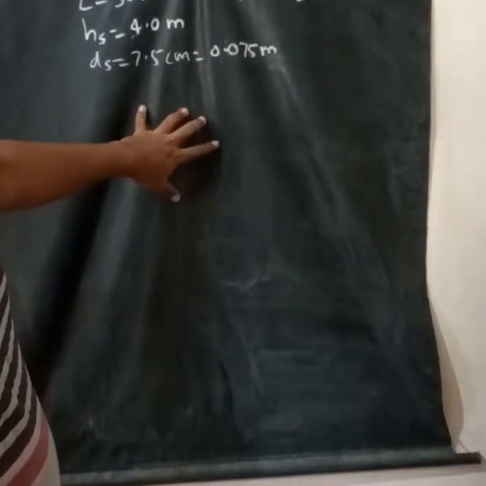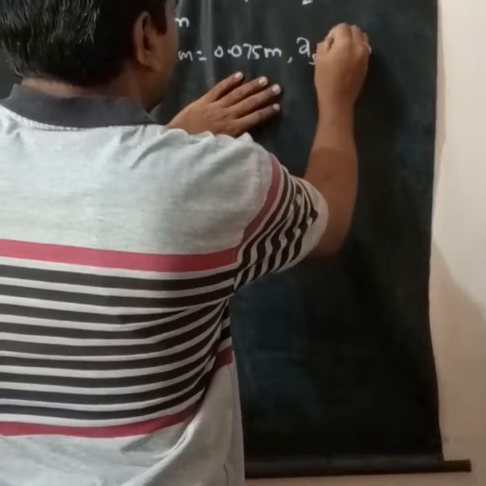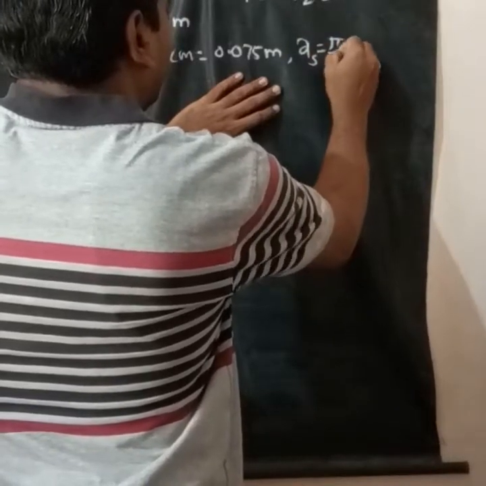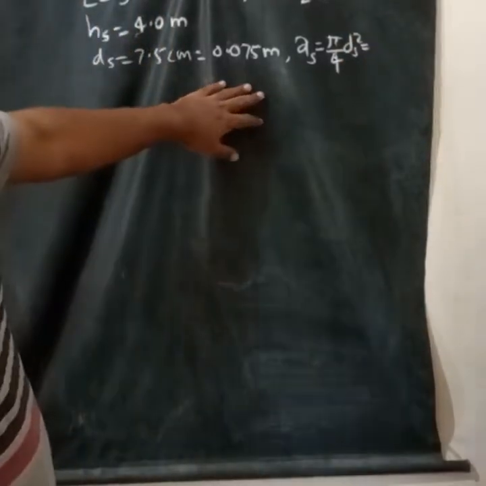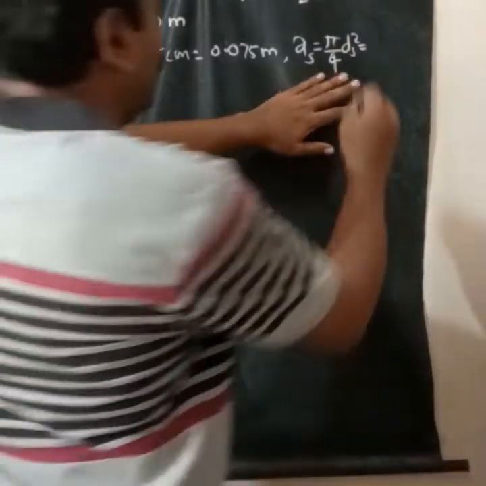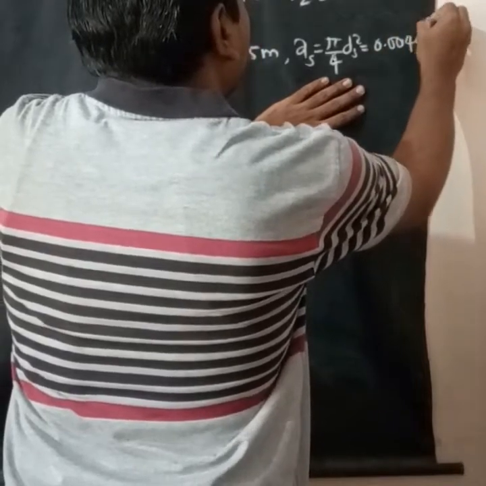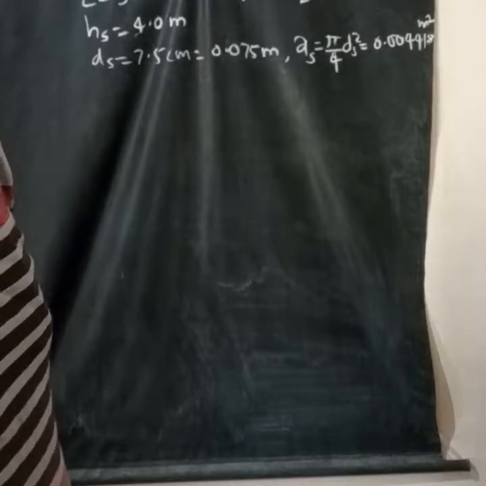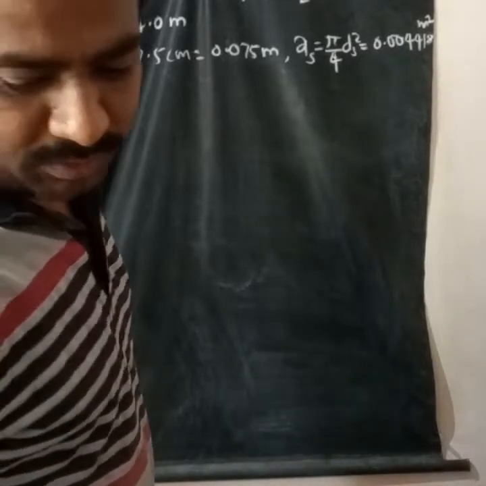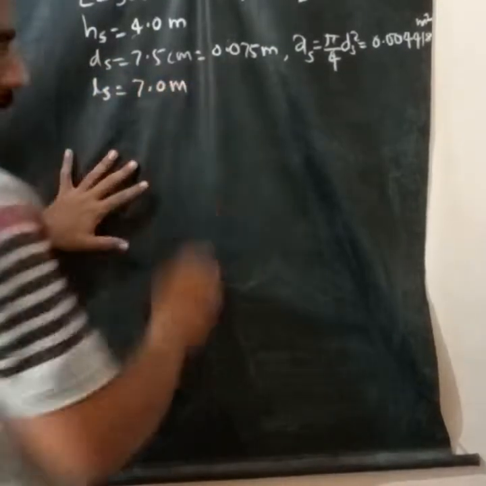From that we will get the value of As, which equals pi by 4 ds square, that is 0.004418 meter square. Now the length of the suction pipe ls is given as 7 meter.